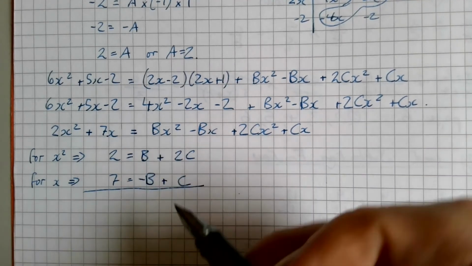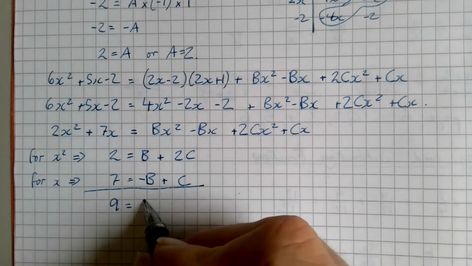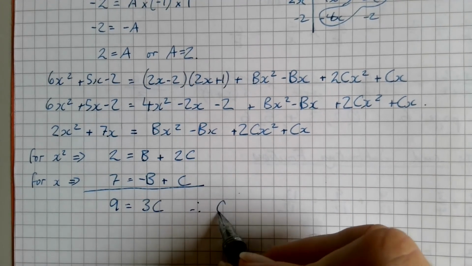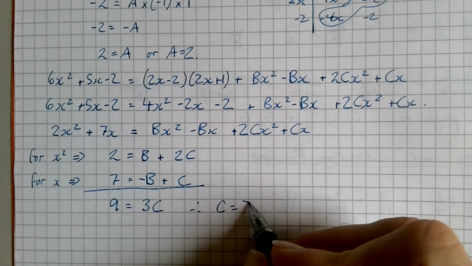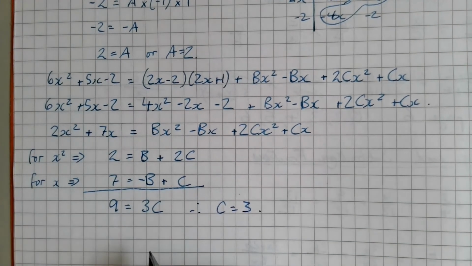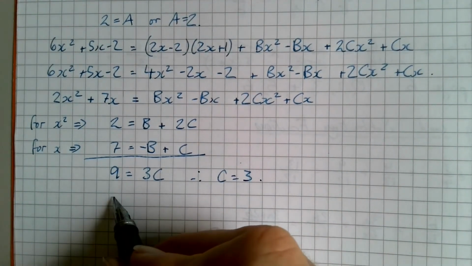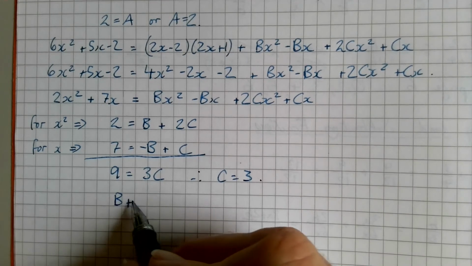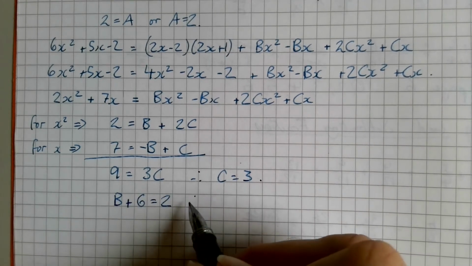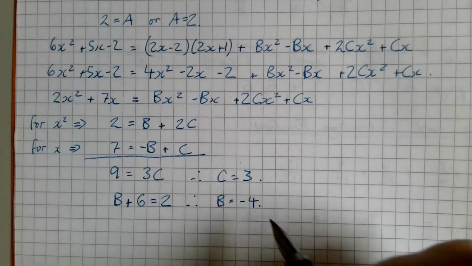If we add the two equations together we get 9 and we get 3c, therefore c must be 9 divided by 3 is 3, and then we can substitute back into there to say b plus 2c, b plus 6 is equal to 2, therefore b is equal to negative 4.